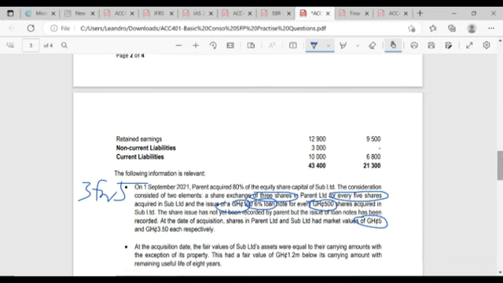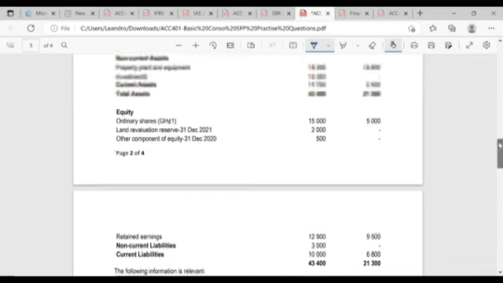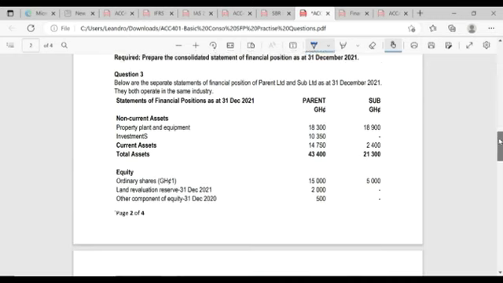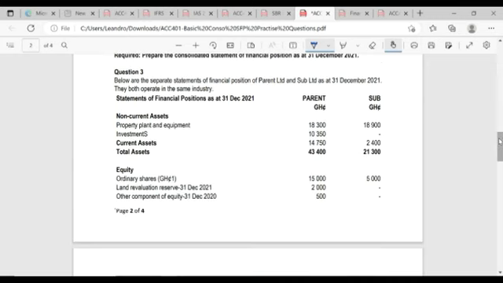Therefore, 80% of that is 4,000 shares. We should have 3 zeros here, I think. So it should be 4 million.